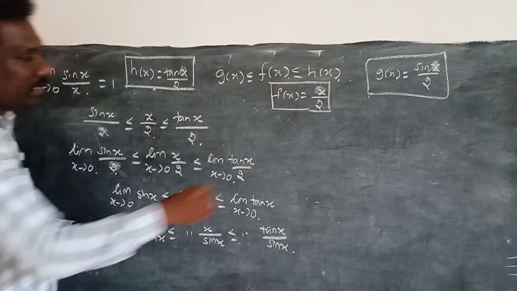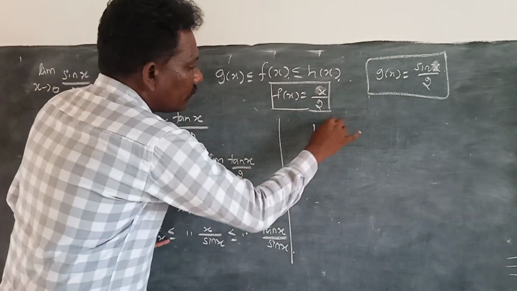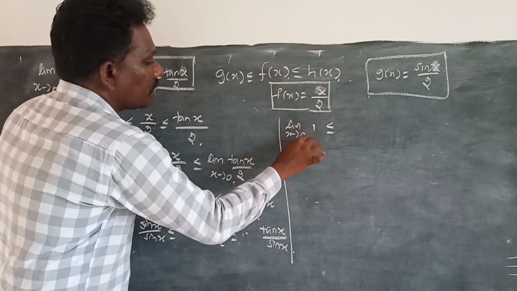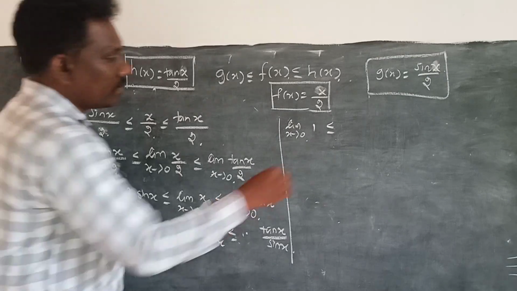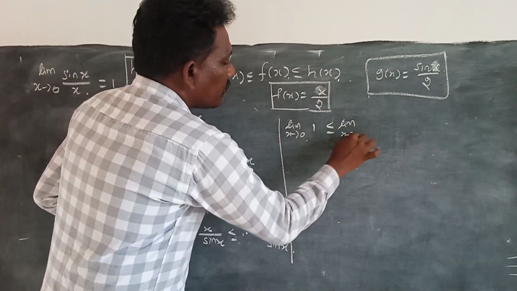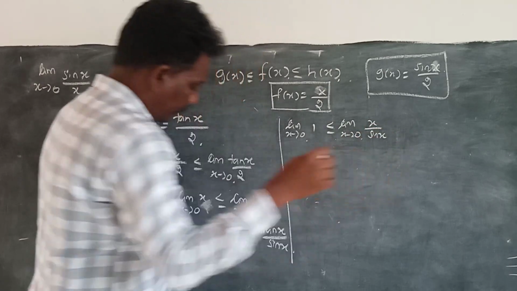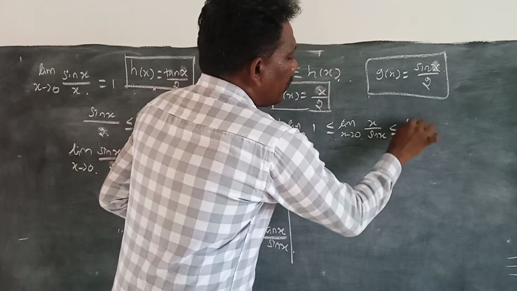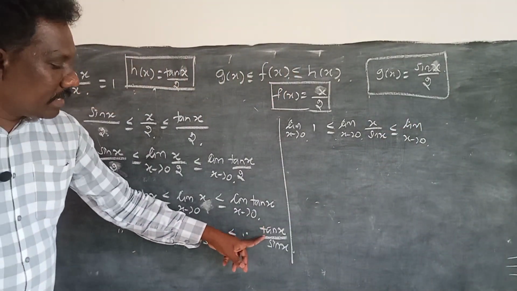Sin x over sin x is going to be 1, less than or equal to, we have the limit as x approaching 0 of x over sin x, again less than or equal to the limit as x approaching 0 of tan x by sin x.